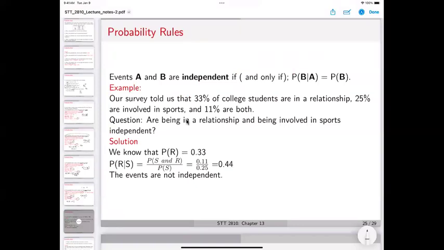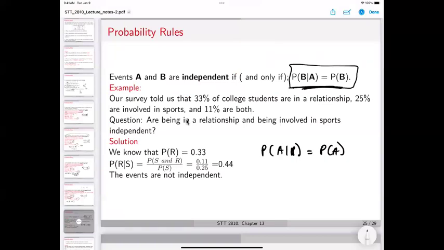Anytime you're asked to determine if 2 events are independent, all you need to verify is this. 2 events are independent if the probability of B given A is equal to what? The probability of B. Is that okay? This is the same thing as the probability of A given B being equal to the probability of A.